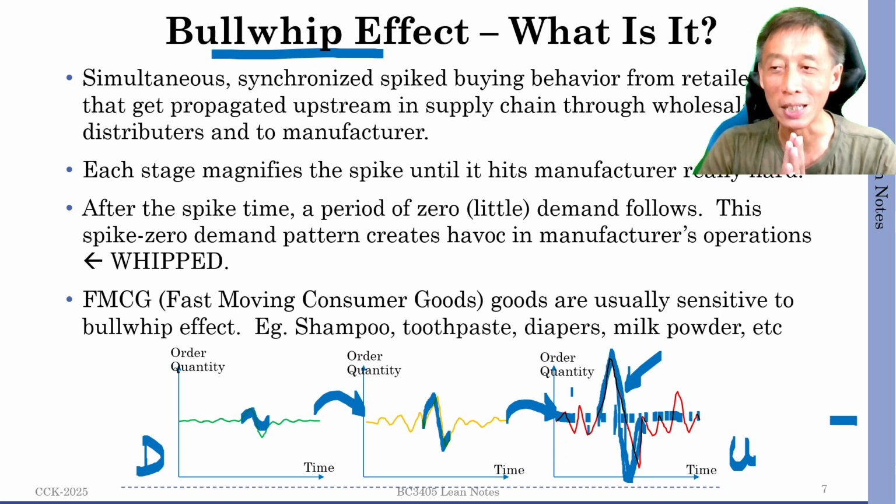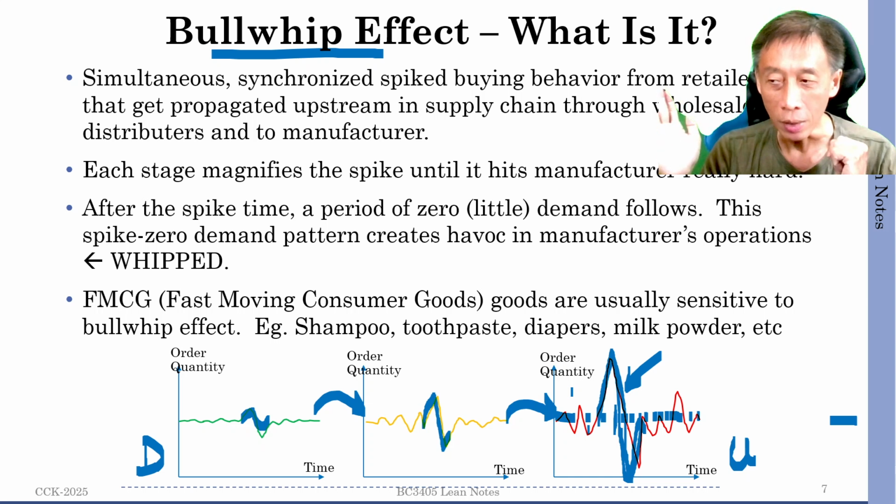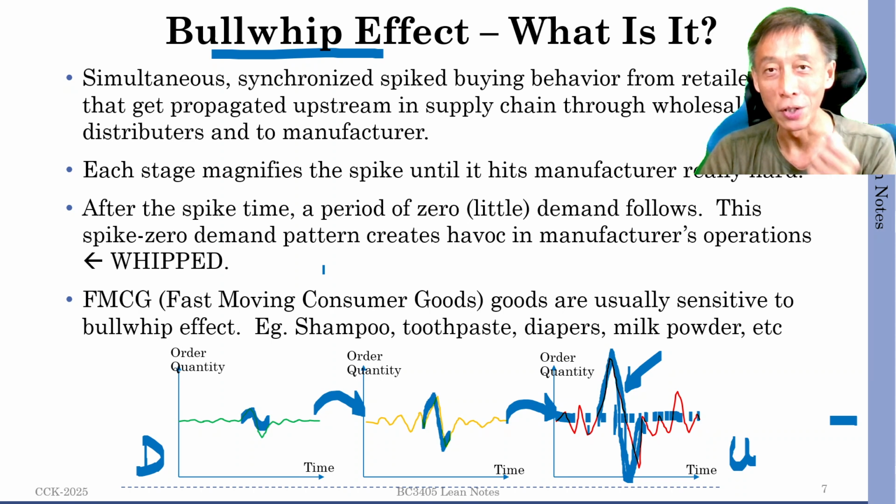So who experiences the impact of the bullwhip? Yes, the manufacturer, all the way up the supply chain. And it's called a bullwhip because when you know those Spanish bull riding, right? They have a whip to whip the bull, right?